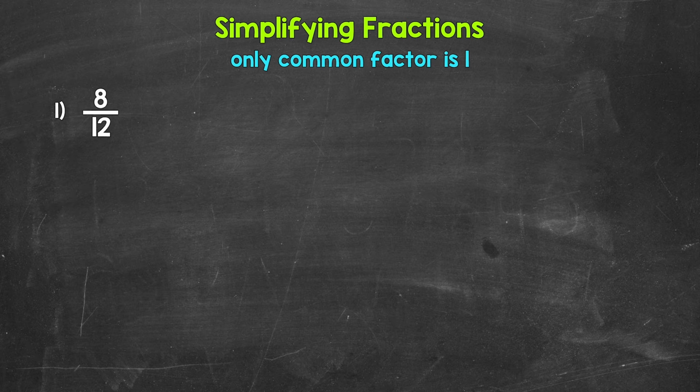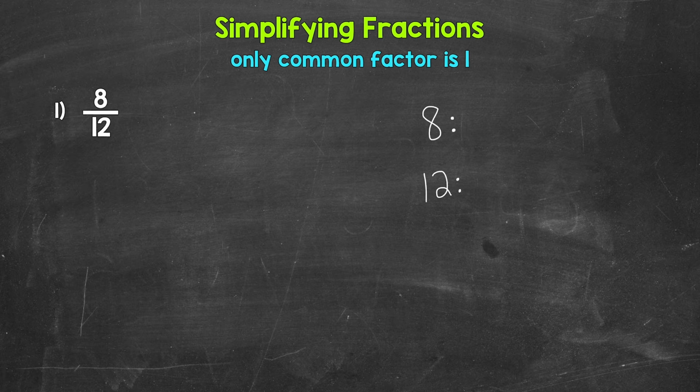And for number 1 here, we're really going to break this down and write out each step. We'll start by writing out the factors of 8 and 12. And we'll do this off to the side. Now, this can be helpful when simplifying, but we do want to get to a point where we can simplify without writing out all of the factors.